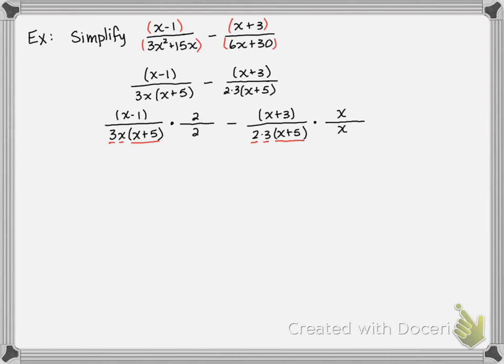So we've got 2 times x minus 1 minus x times x plus 3, all over 6x times x plus 5.